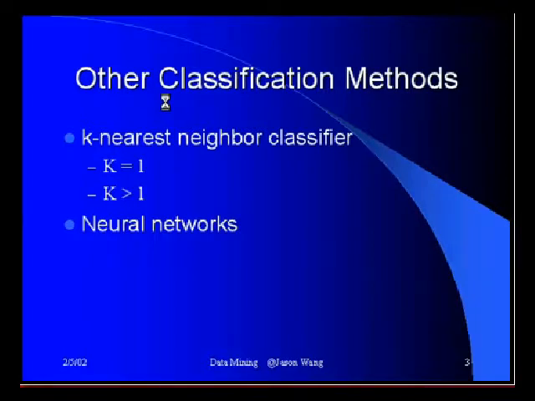So the algorithm is to assign the unlabeled data object to the class where the nearest neighbor of this unlabeled data object belongs. That's the whole idea of this nearest neighbor classification algorithm.